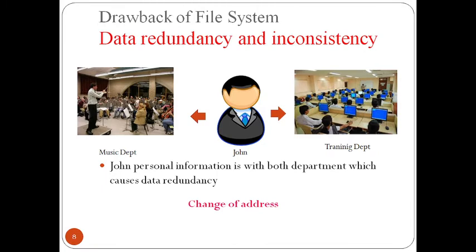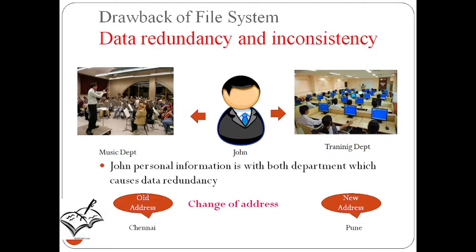And what happens because of this duplication of data at multiple places? The problem is data inconsistency. Suppose John's old address was stored in both places, the music department and the training department, as Chennai, and he has now shifted to Pune.